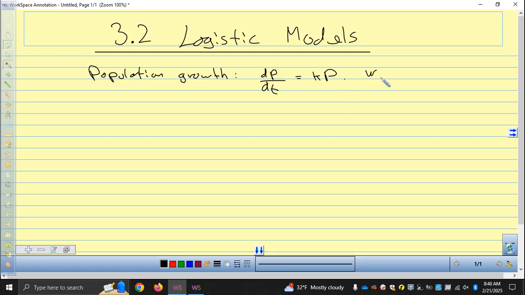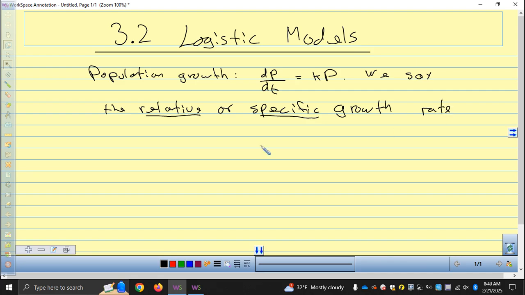So we say, in this case, the relative or specific growth rate is, we just divide both sides of this by p, so the rate of change of p with respect to t over p, well, that's going to be constant.